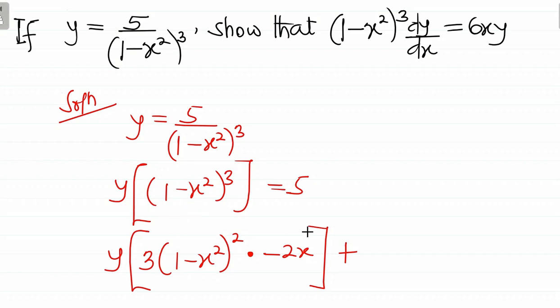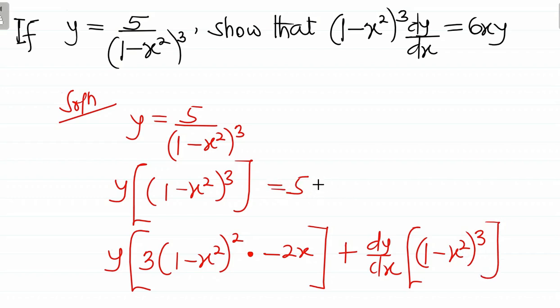Here the differential of this y gives us dy/dx, and then we maintain that of (1 minus x squared) into brackets all exponent 3. We continue to the right hand side of the equation, and 5 is a constant, so the differential of a constant gives us 0. So we have is equal to 0 here.